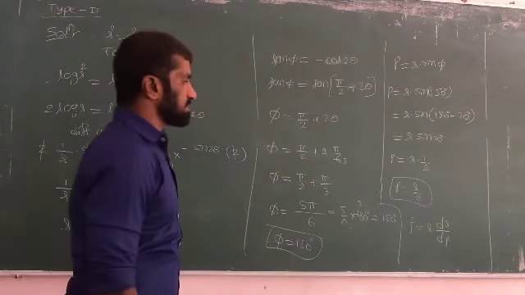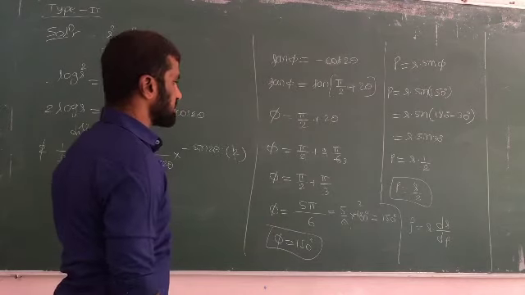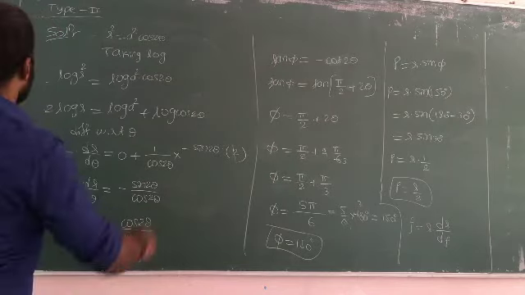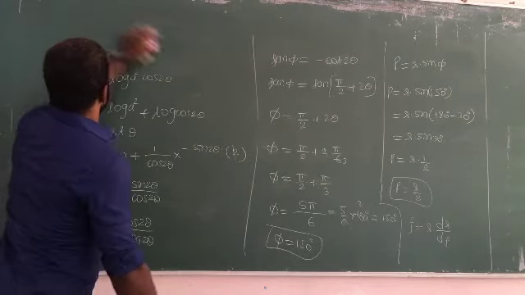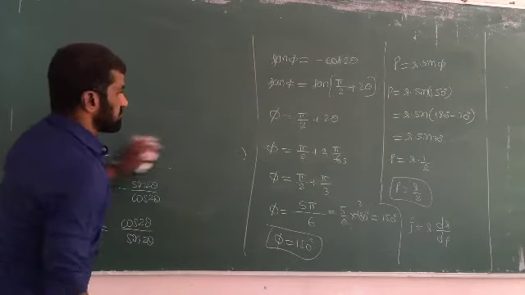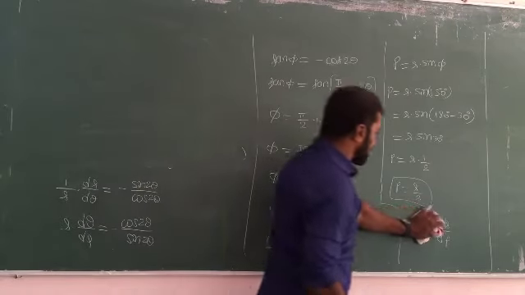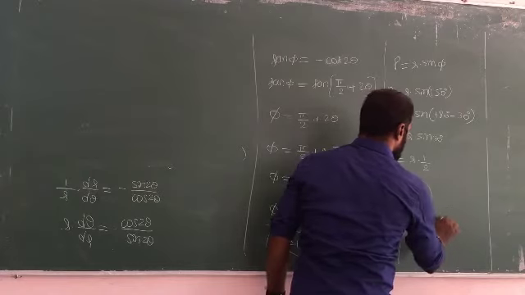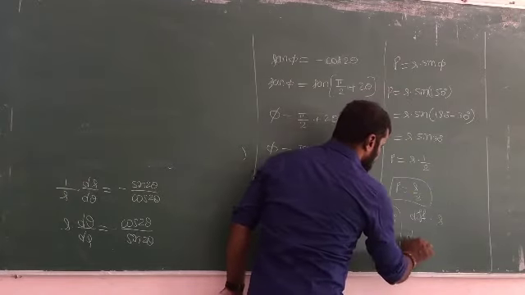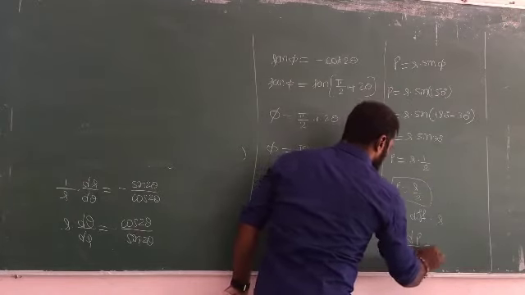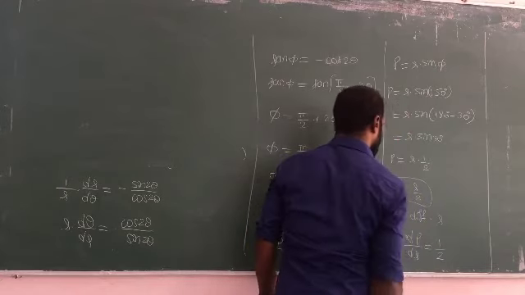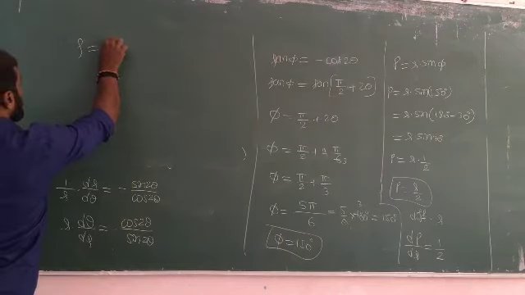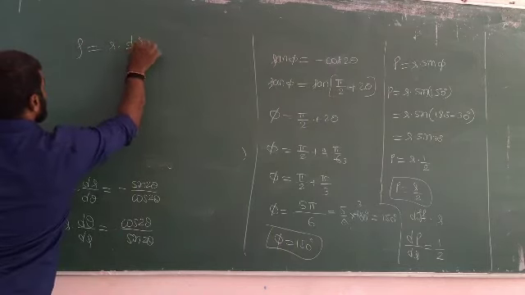How to find this dr by dp? So p with respect to r, differentiate with respect to r, so we get dp by dr, that is equal to 1 by 2. So we know that rho is equal to r into dr by dp.